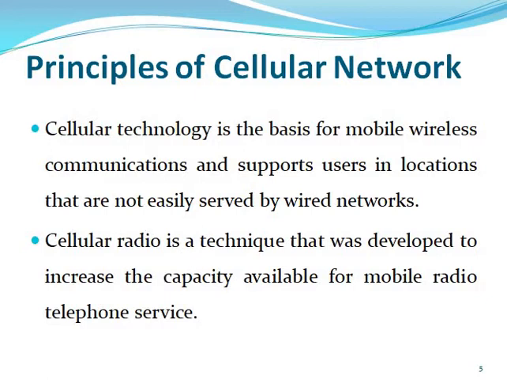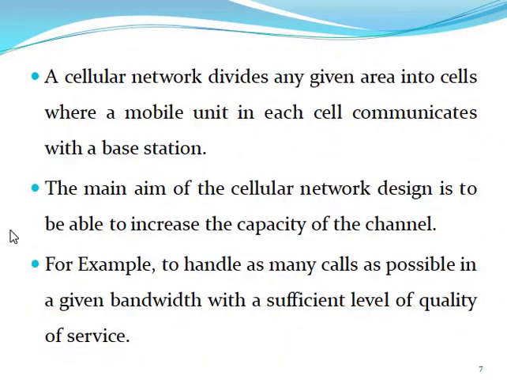Mostly wireless communication is established and physical communication is not established. In this position you communicate directly through the cellular network. So mobile wireless communication is an example of cellular networks.